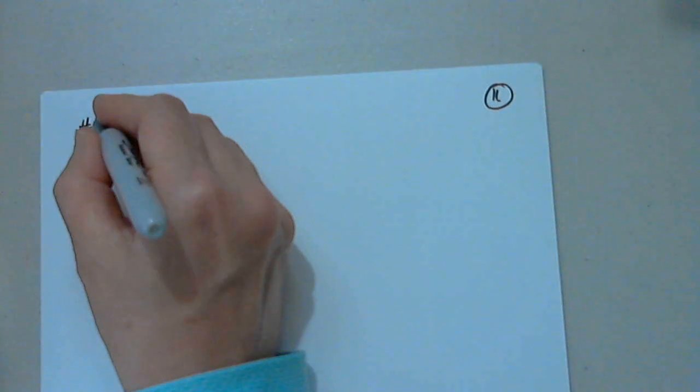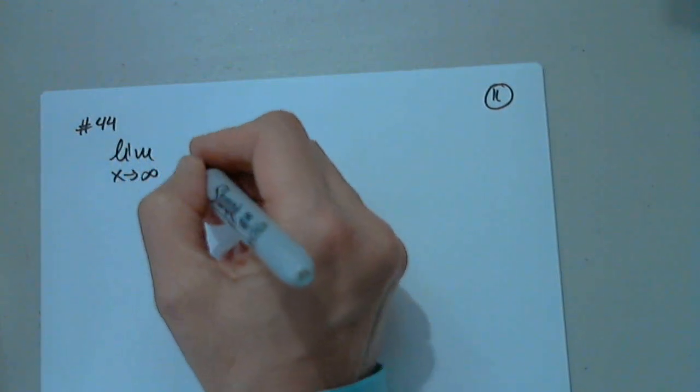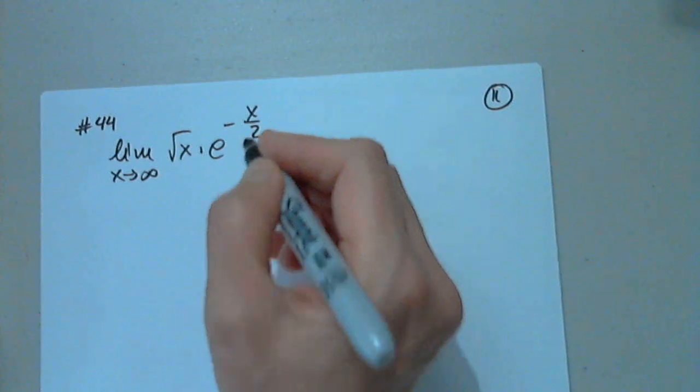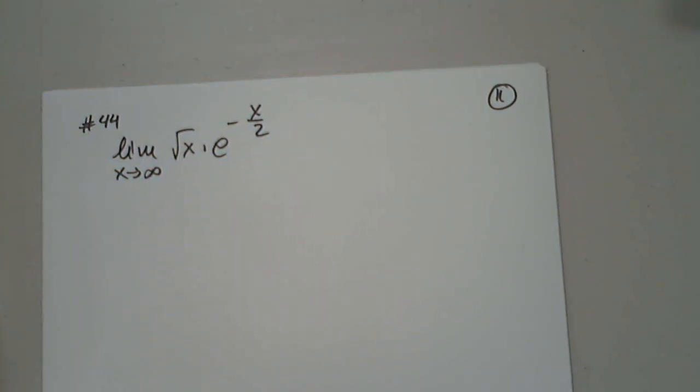That was from the homework. I don't remember what it is. I did not write the solutions yet. It's right here. This one? Yes, please. Perfect. So limit as x approaches infinity of the square root of x times e to negative x over 2. Perfect. Okay. So let's stop sharing.